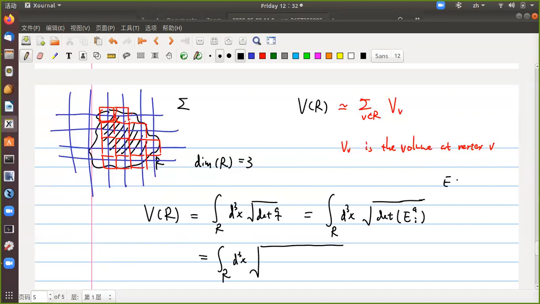So here the reason is that e_a^i equals square root q times e_a^i. More precisely, there's an absolute value because it relates to whether the e is left-handed or right-handed.